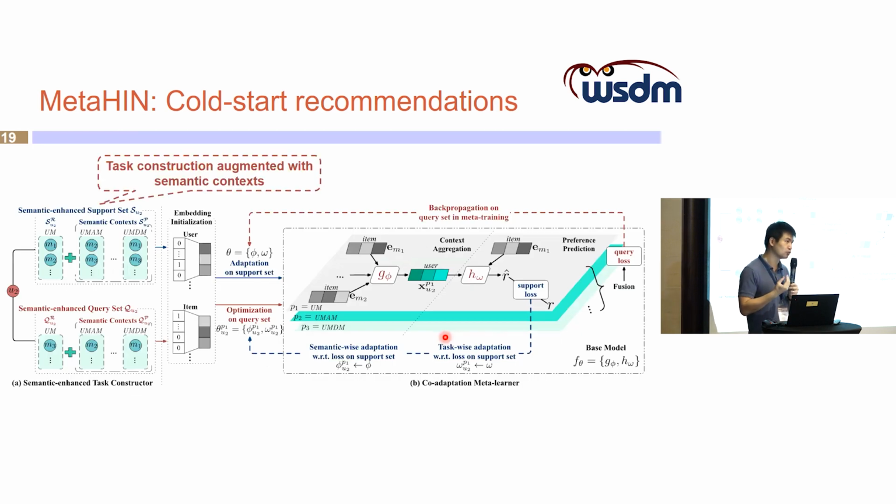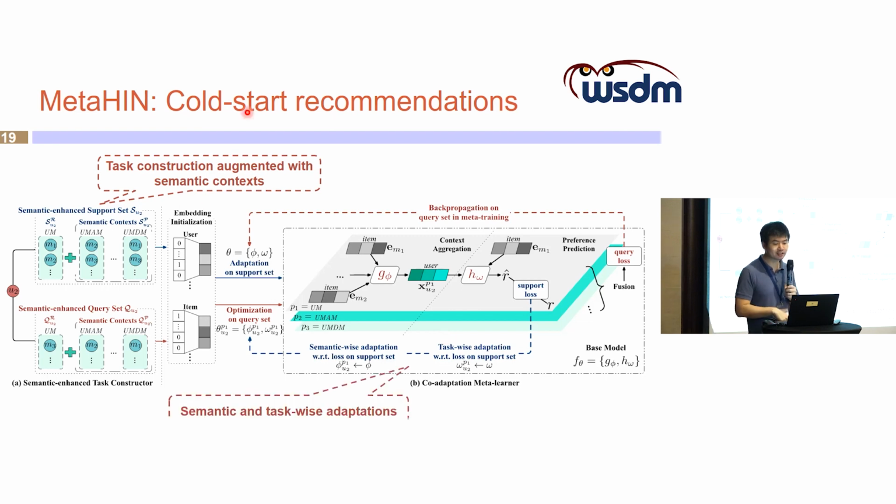To bring in additional knowledge from the knowledge graph, we try to construct meta-training tasks with so-called semantic context, right? In a traditional meta-learning task, the support set are just the nodes, but here we also bring in additional semantic context based on the knowledge graph, because the knowledge graph allows us to reach other related movies, which is not possible without semantic enhancement.